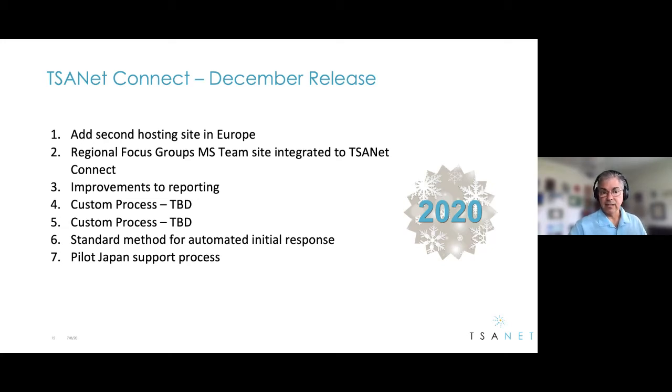And some of the customizations that we've done with some specific members automated that initial response. What we plan to do here is document a standard method that any member could use if they have some type of workflows and can send automated emails based on certain events in their CRM system. So this should allow members to automate that piece if they want to as well.